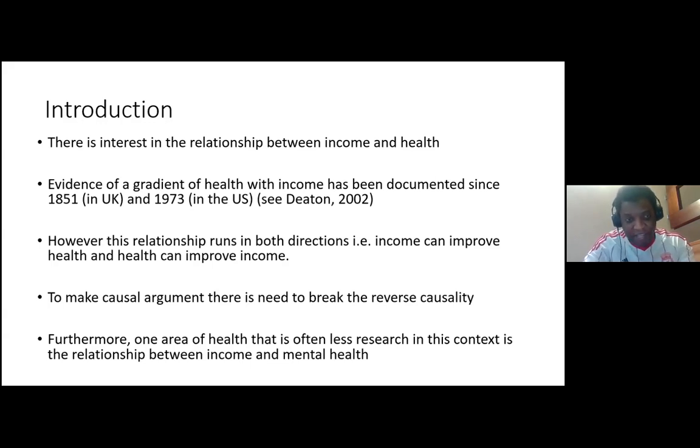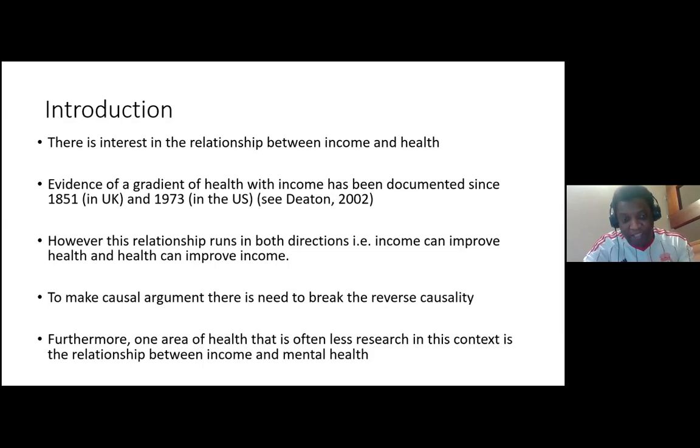By that, I mean that income can affect health and health in turn can affect income. So we have a classic case of reverse causality going on there. So it becomes a bit difficult to make a causal argument without breaking that reverse causality. So that's one important part of the study.